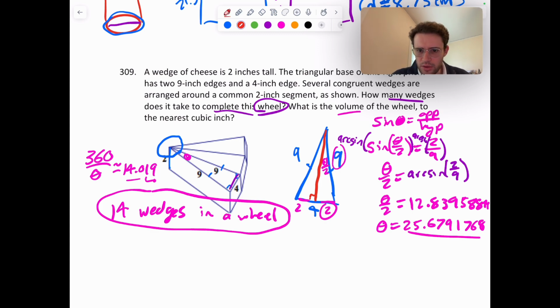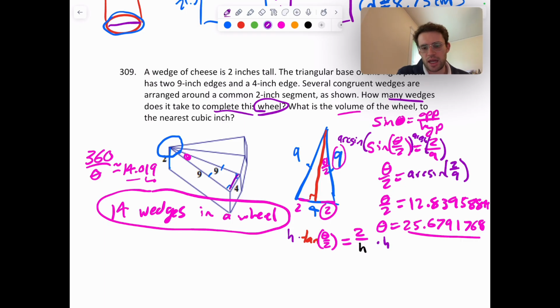You can do that using another trig function. In this case, we're going to use tangent. So we would know that tangent of theta over 2, which we still have saved right here, would be equal to 2 over the height, right? That's opposite over adjacent. In this case, our adjacent is the height, what we're solving for. And now if you want to get the height alone, you'd multiply by height on both sides.